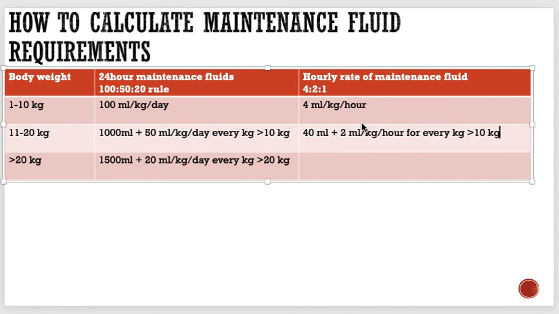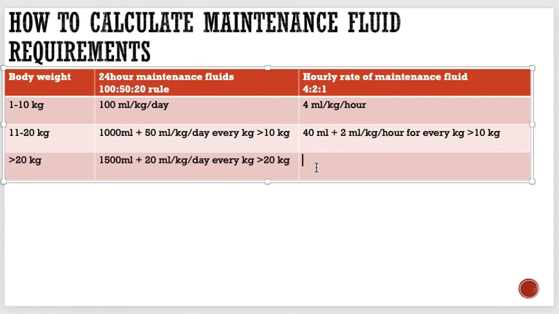And same thing here: how much for a 20 kilogram baby? It will be 40 plus 2 for each kilogram. So 2 multiplied by 10 is equal to 20. So 40 plus 20 is equal to 60. So 60 ml per hour for a 20 kilogram baby, right?